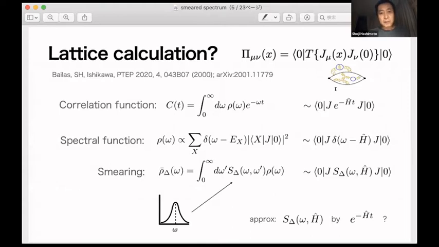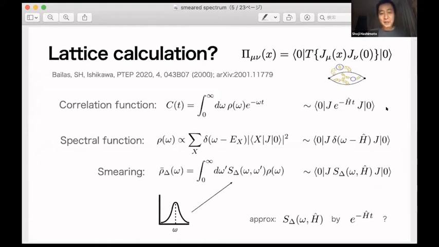Let's consider the two-point function, the vacuum polarization function, for instance. It's bread and butter to compute the correlation function on the lattice, and that is written in a simpler way: the matrix element form of the correlation function.